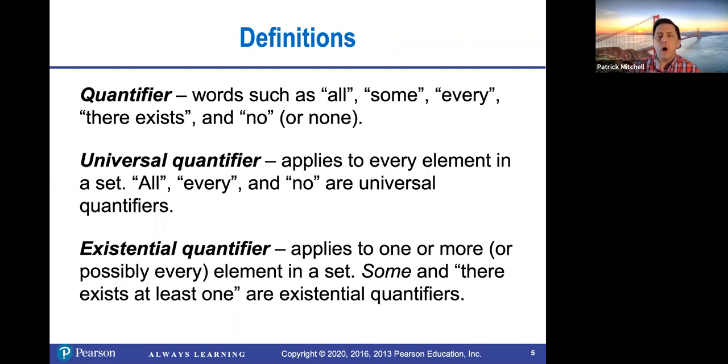That applies to one or more, or possibly every element in a set. So, for example, the word some could mean all, right? It's not very specific. Again, some means at least one, okay? So the words some and there exists are existential quantifiers.